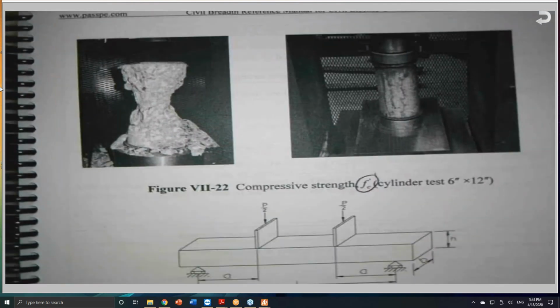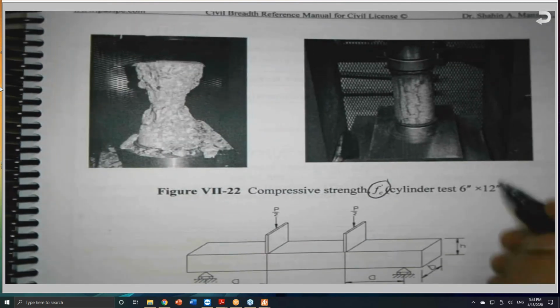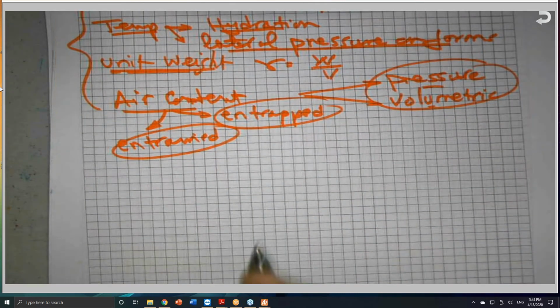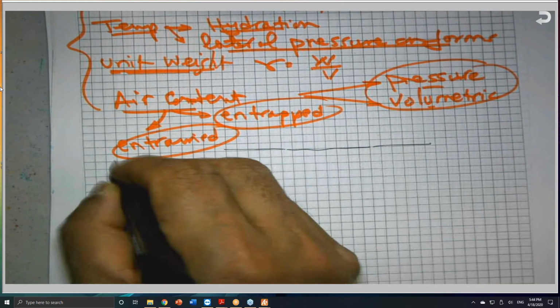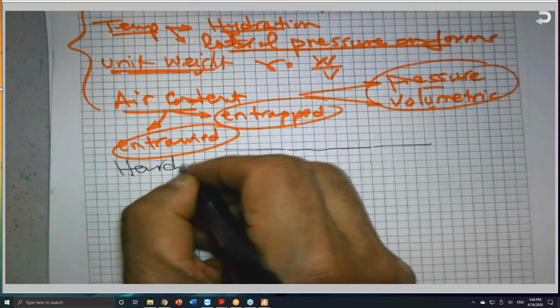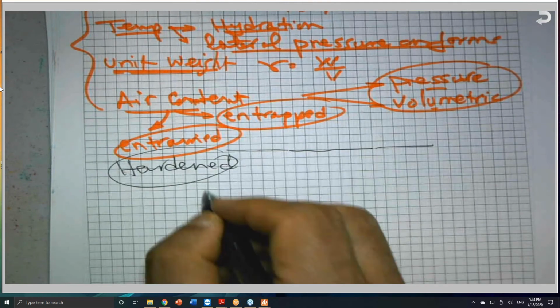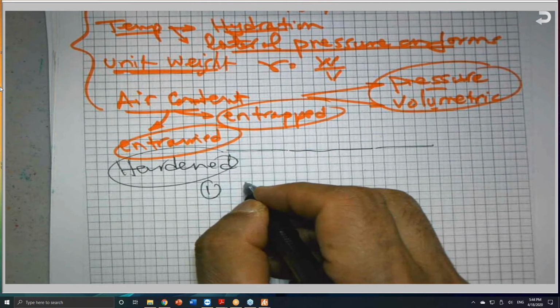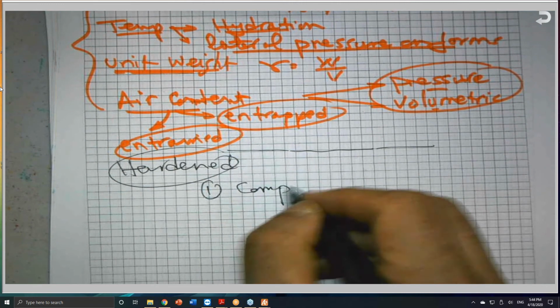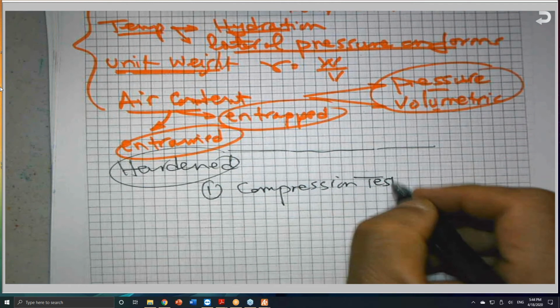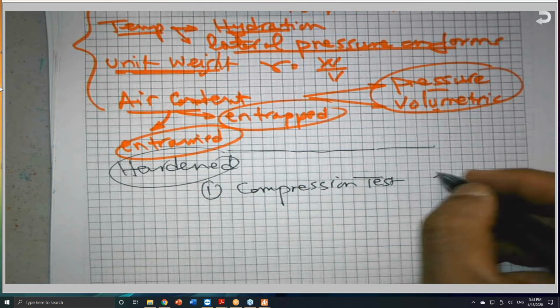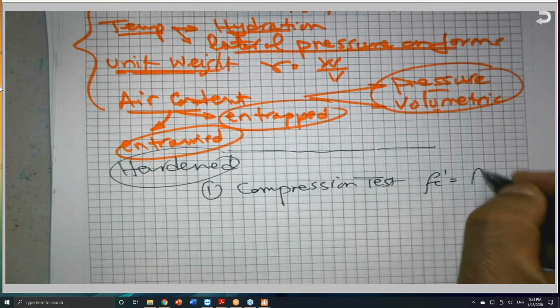And we determine what is known as F sub C prime, assuming the cylinder is 6 by 12 or 4 by 8. So in the hardened stage, we can do the compression test, where F sub C prime is equal to P over A.